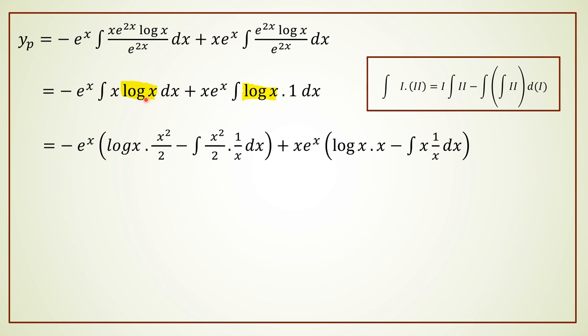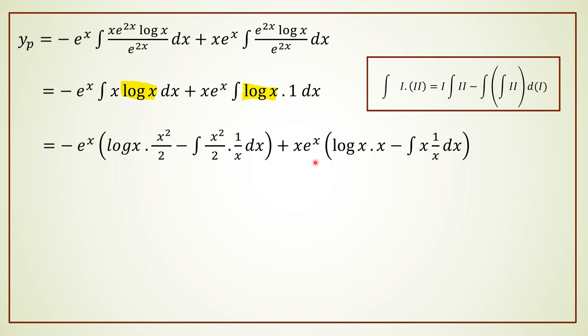So first function, that is log x, into integral of second function. What is the integration of x? Integration of x is x square by 2, minus integration of second function, that is x square by 2, into differentiation of first function, derivative of log x is 1 by x, and the integral is with respect to x.